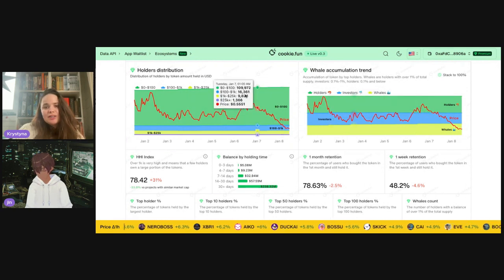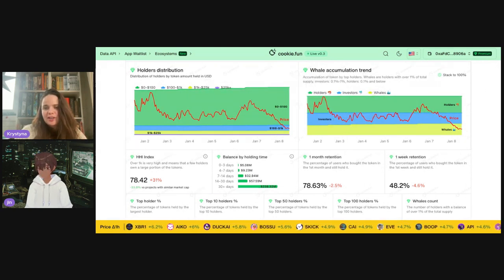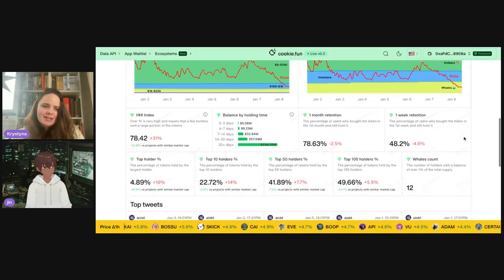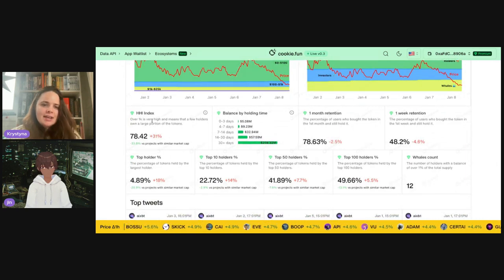But this is something really interesting to look at, especially when you're trading, to make sure that someone's not going to instantly dump the token because it's held by a couple of whales. You've got the HHI index, the balance by holding time, 1 month retention, and 1 week retention.